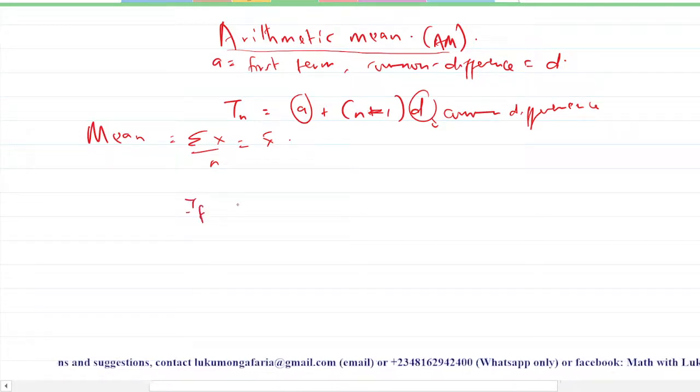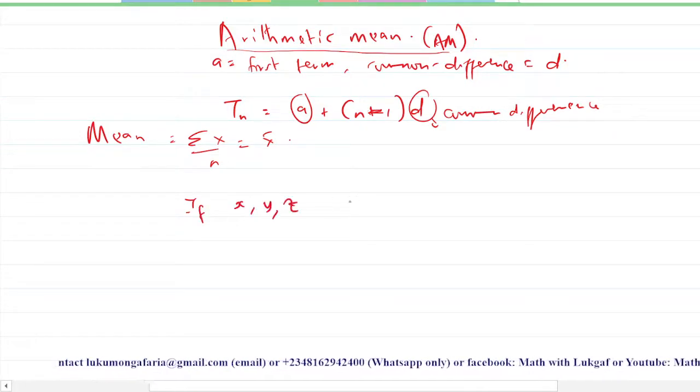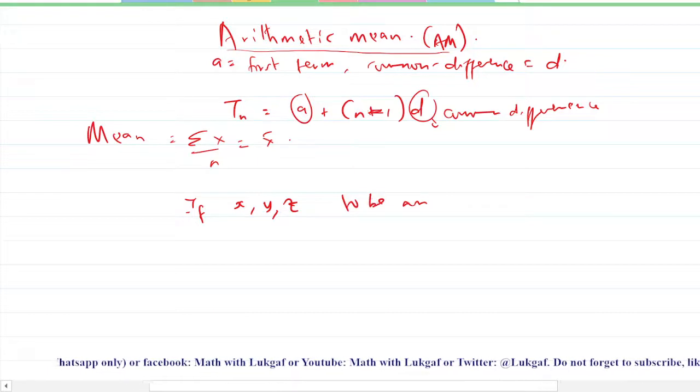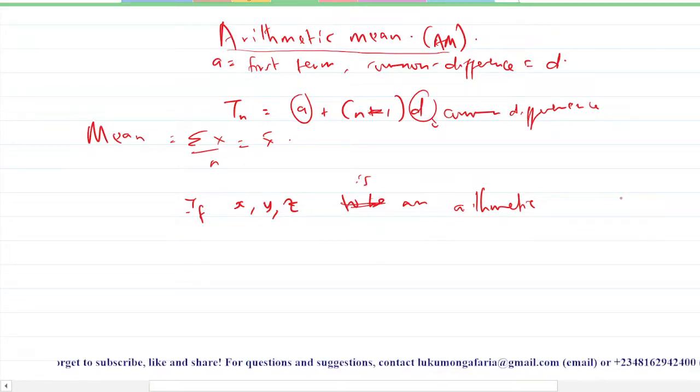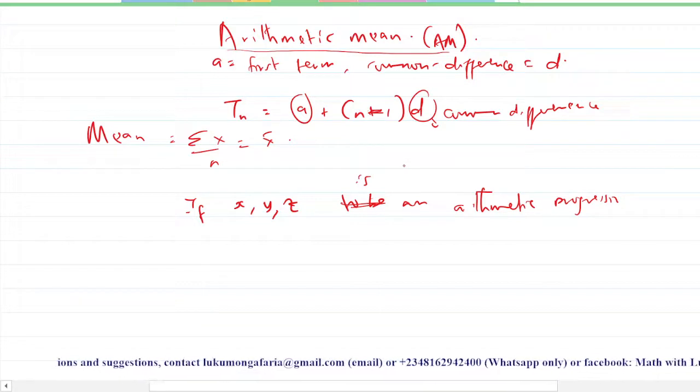For example, if I have x, y, z to be an arithmetic progression or arithmetic sequence, and they are consecutive terms of that AP, your middle number here, which is y, is the arithmetic mean.